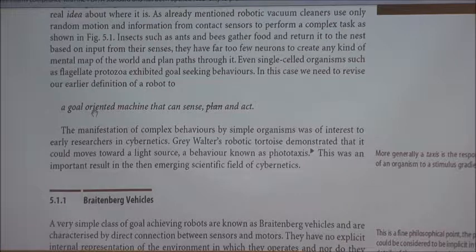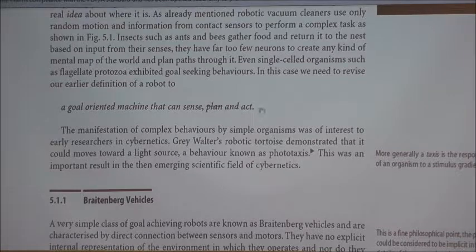You may remember in the manipulator robot we defined it as a programmable machine which can work like a human, mostly like a human arm, and it's attached to the floor. But a more general definition is that a robot is a goal-oriented machine that can sense, plan, and act. Okay. So what we are talking about in this chapter is planning. You need to plan to be able to move from point A to point B.